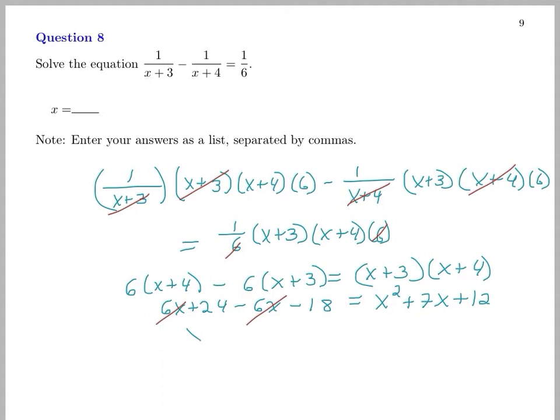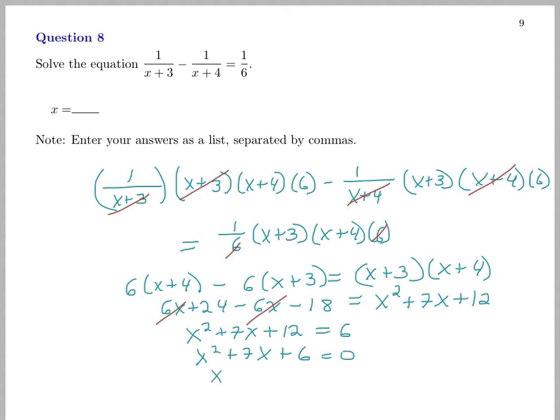So let me turn it around. So x squared plus 7x plus 12 equals 6. Now I want 0 on one side. So x squared plus 7x plus 6 equals 0, subtracting 6 from both sides.